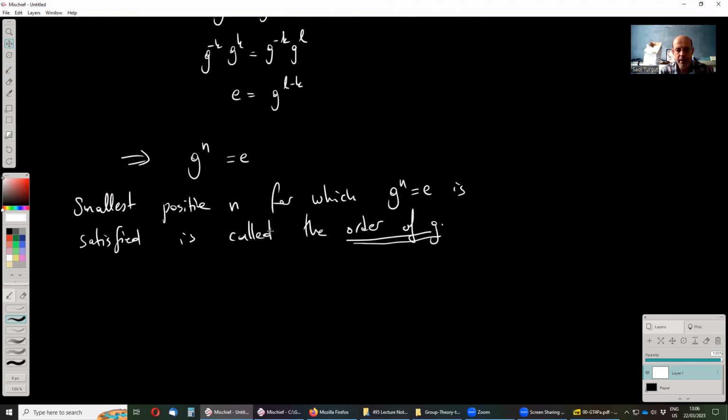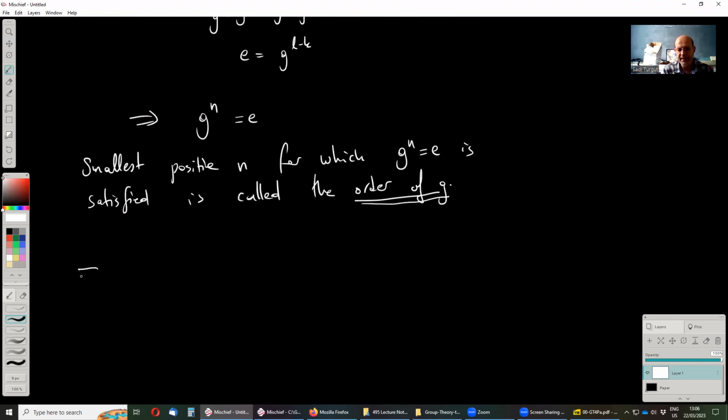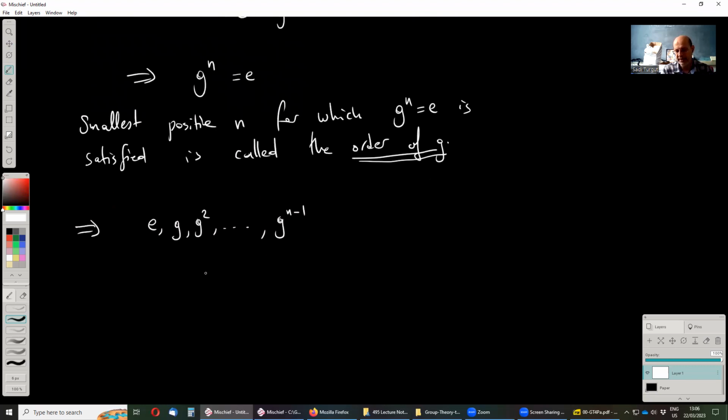Okay. So if that's the case, then identity, G, the second power of G, and so on, up until the n minus 1 power of G, all of these elements are distinct. Why?